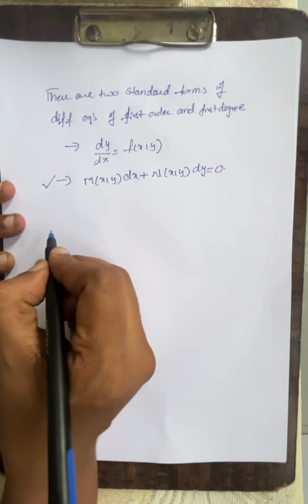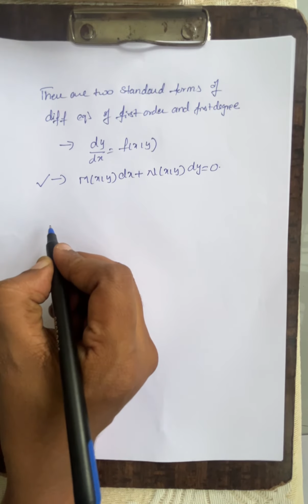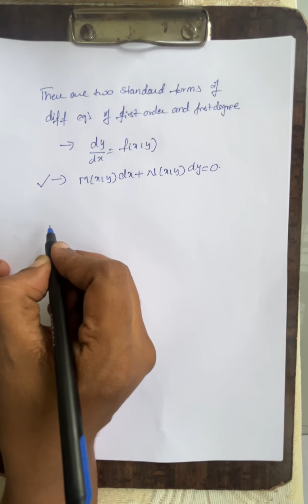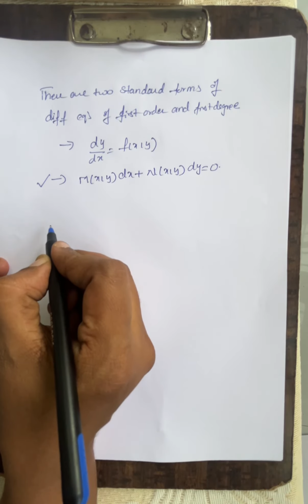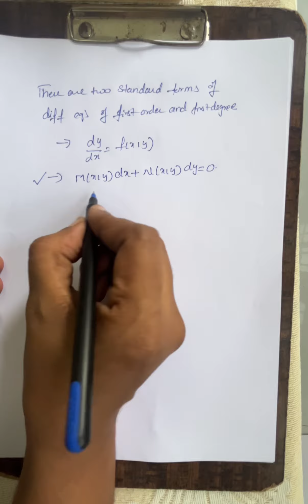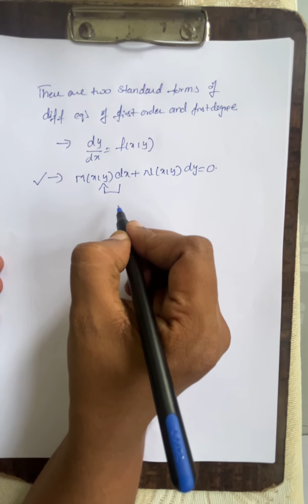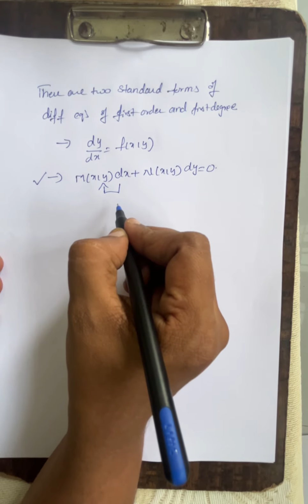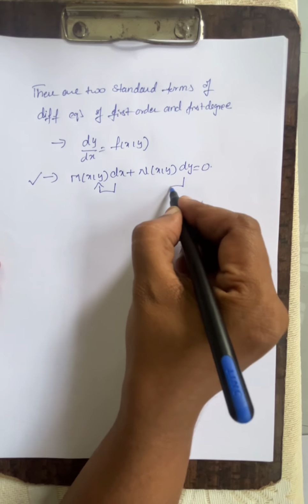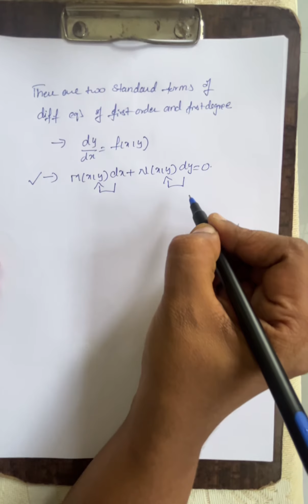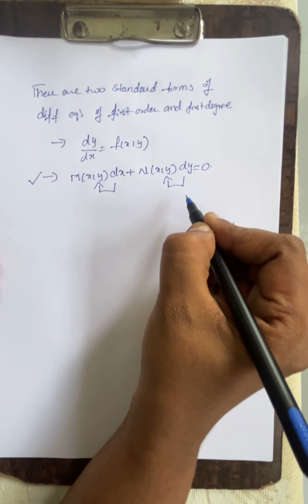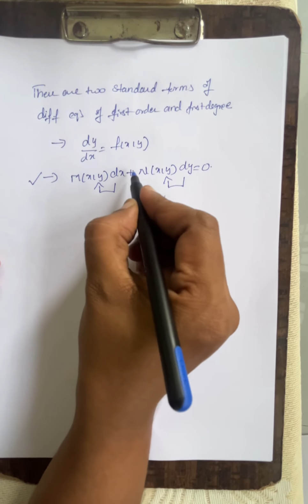Using the second form, we are checking the working rule for solving an exact differential equation. Here in dx, before whatever the terms are existing, we'll treat it as m of x comma y. Similarly, before dy, whatever the terms are given in the question, we'll treat it as n of x comma y.